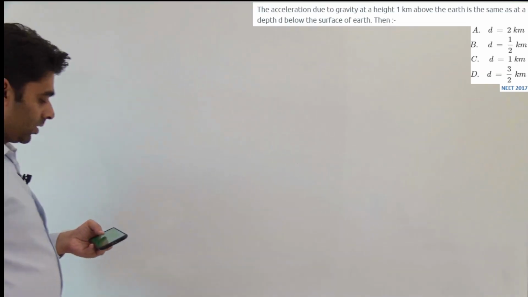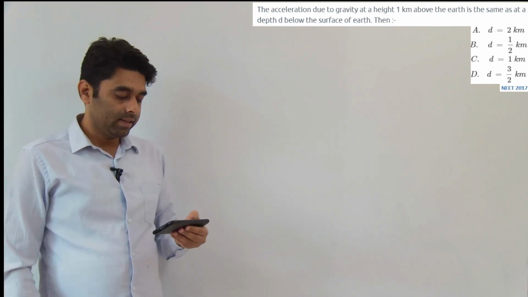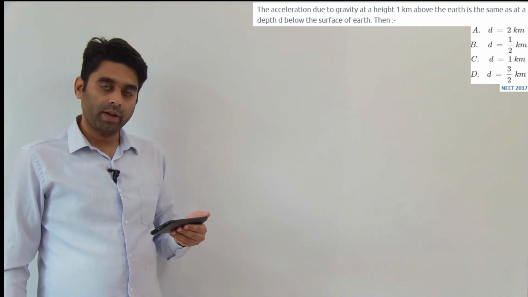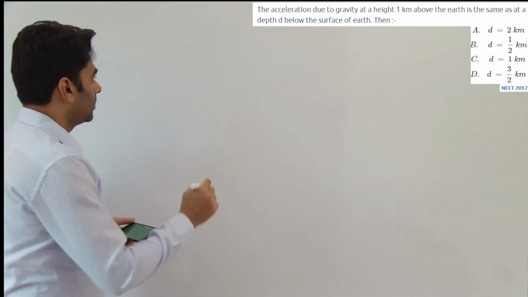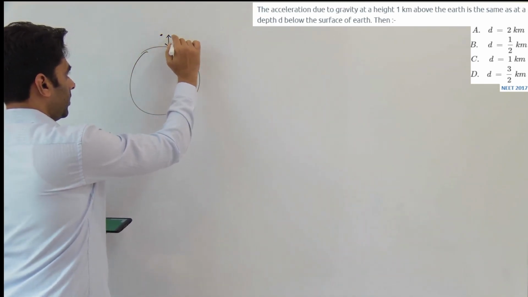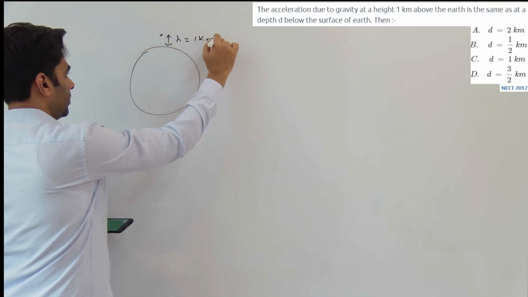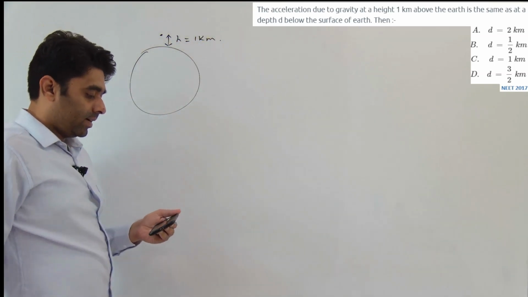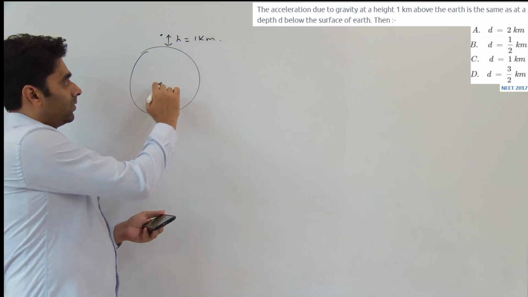So the next question says, acceleration due to gravity at a height 1 kilometer above the earth is the same as at a depth d below the surface of earth.